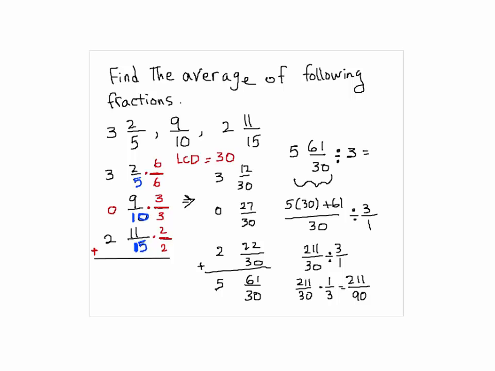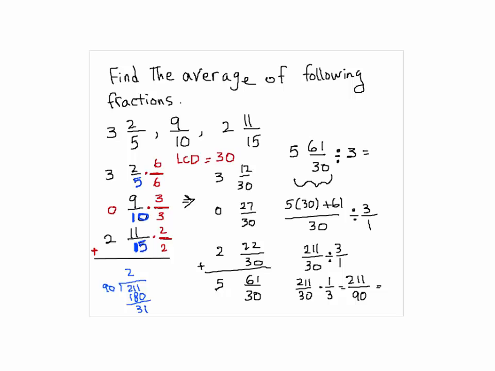Okay. Since all these numbers were given to us as mixed numbers, we should change this last number to a mixed number as well. So if I divide 90 into 211, I can do that here. If I divide 90 into 211, that gives me a remainder of 31.